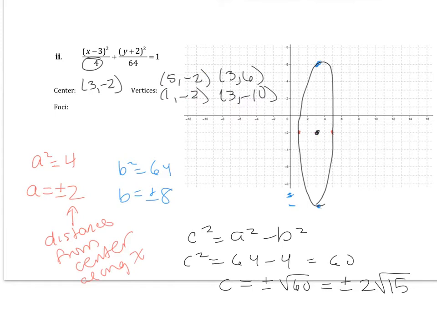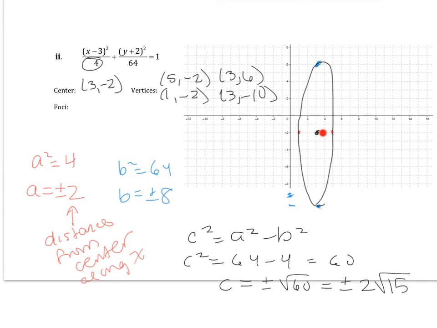So what does that mean? Okay, that's telling us that the c value, meaning c again being the distance from the center, right? So it's measuring this distance here. Okay, the distance between the center and the focus is 2 root 15. Okay, so let's think about that. What that's telling us is that our focus is going to be the x-coordinate will be 3, and the y-coordinate will be the center plus or minus that 2 root 15, right?